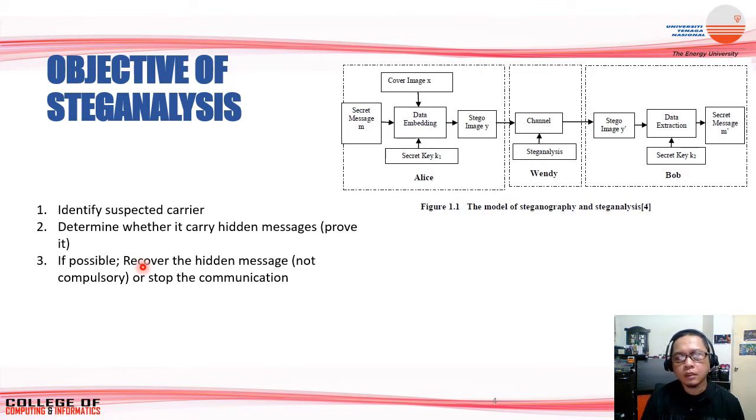Or if, let's say, you cannot determine whether there is indeed secret communication, or you cannot recover the hidden message, then the last objective is to stop the communication. Stopping here doesn't mean stopping any communication at all from going from Alice to Bob, but trying to eliminate the element of secret messages between them. Just being a passive warden, monitoring the channel, is not enough.